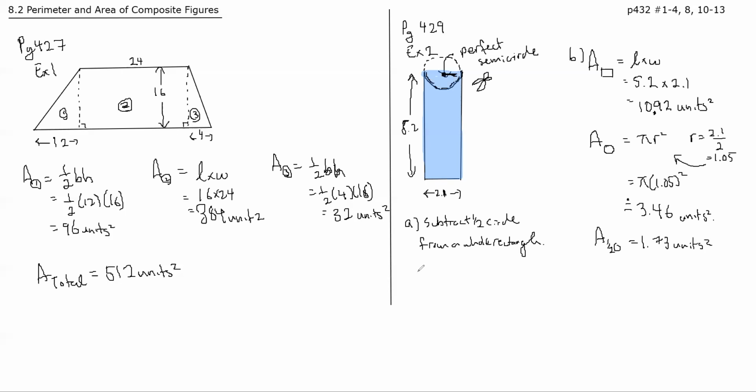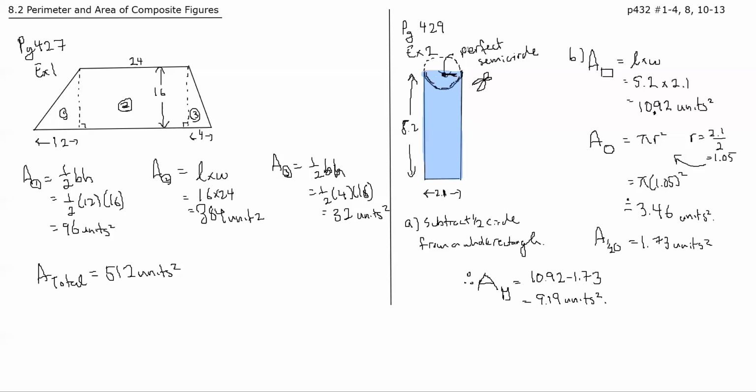Therefore, let's see. Therefore, the area of the total figure is going to be 10.92 minus 1.73, which is 9.19 units.